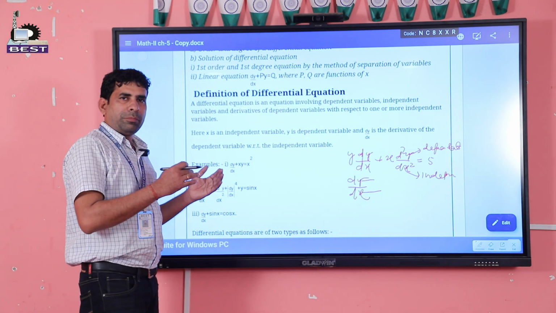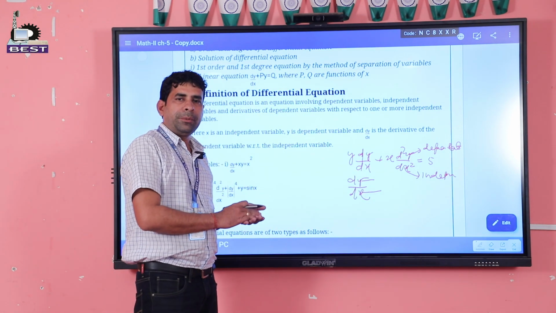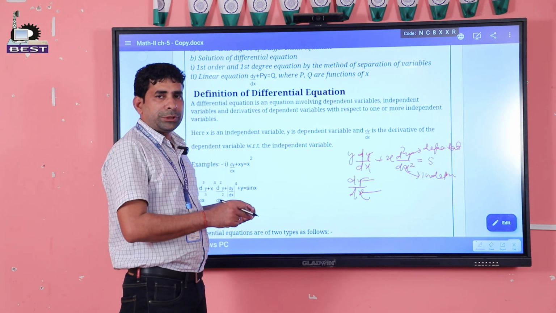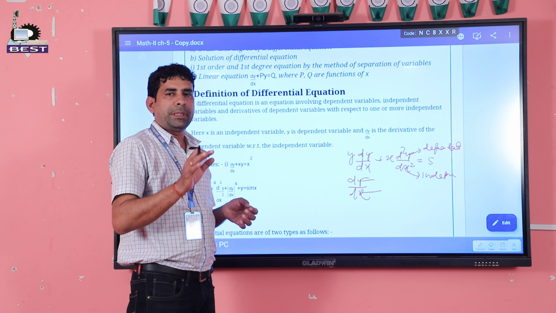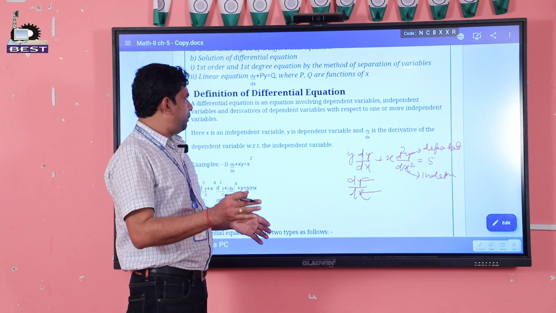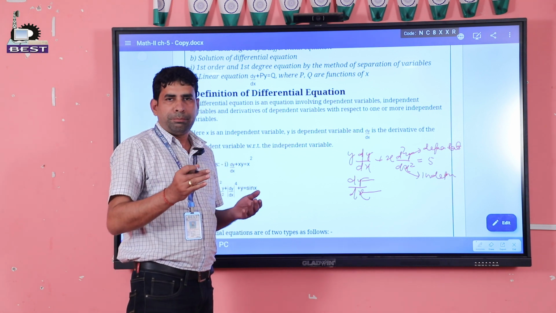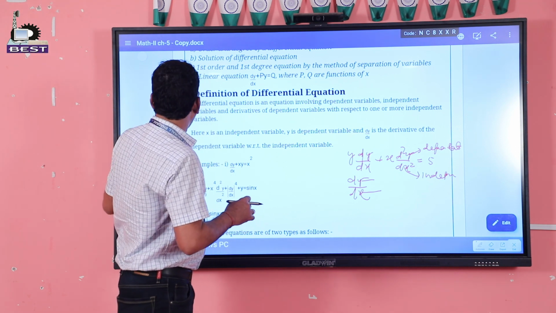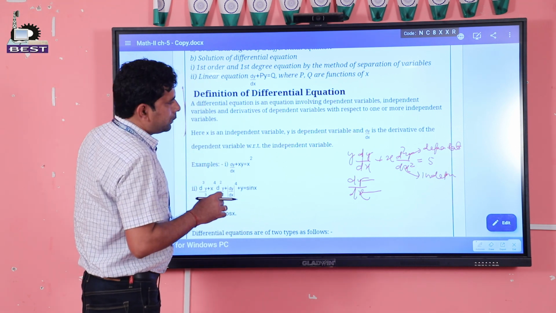If an equation involves three things, the independent variable, the dependent variable and the derivative, that type of equation we call a differential equation. Now my main aim is to solve the linear equation. Today is the main aim of the class.